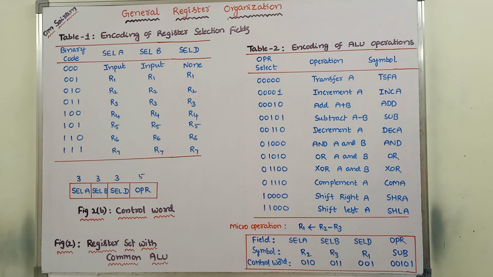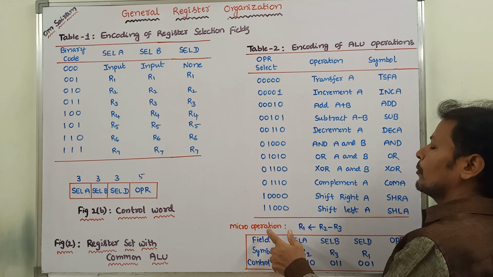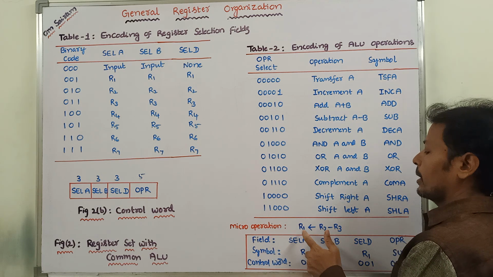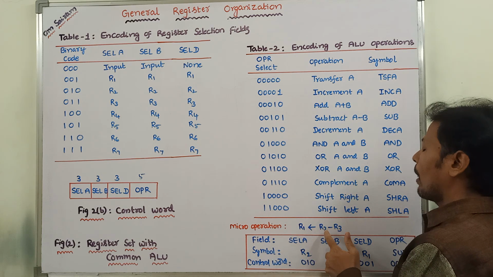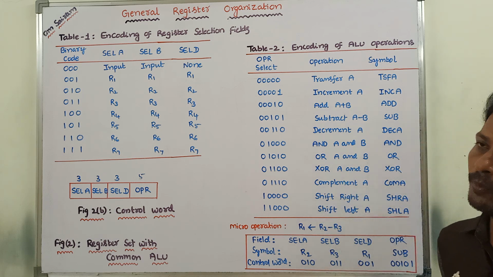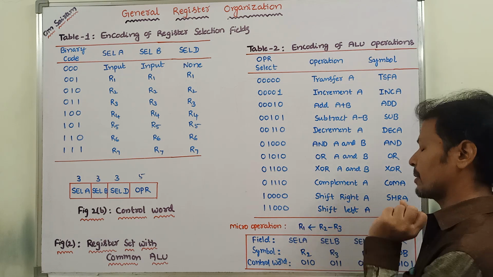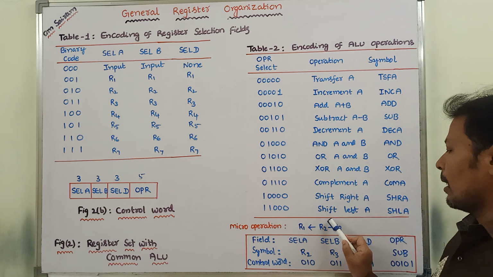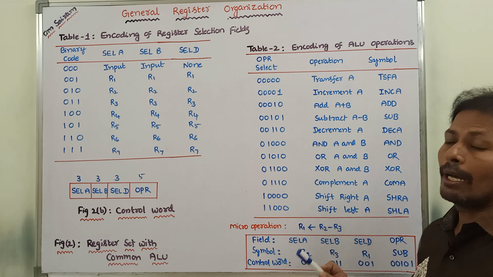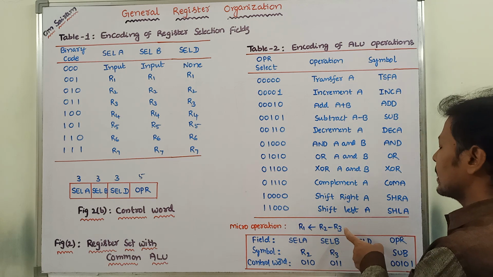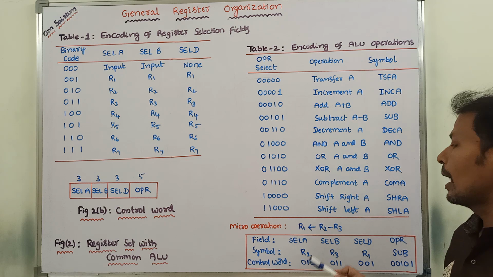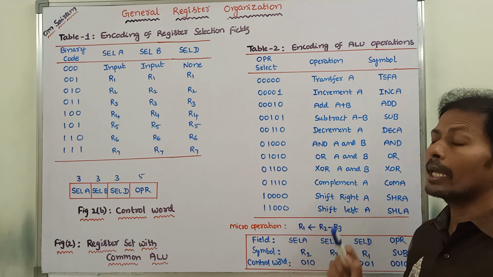Next one, suppose we want to perform a micro operation R1 arrow mark R2 minus R3. How to perform this one? Here the source register is R2, another register is R3, and the destination register is R1.